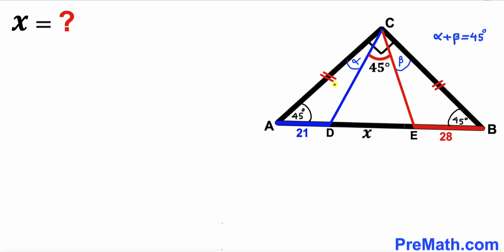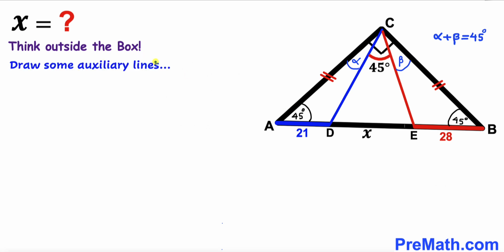Now let's make an observation. We can see that this line AC is congruent to this line BC, and this angle is congruent to this angle. So we are going to think outside the box and be a little creative, and draw some auxiliary lines.